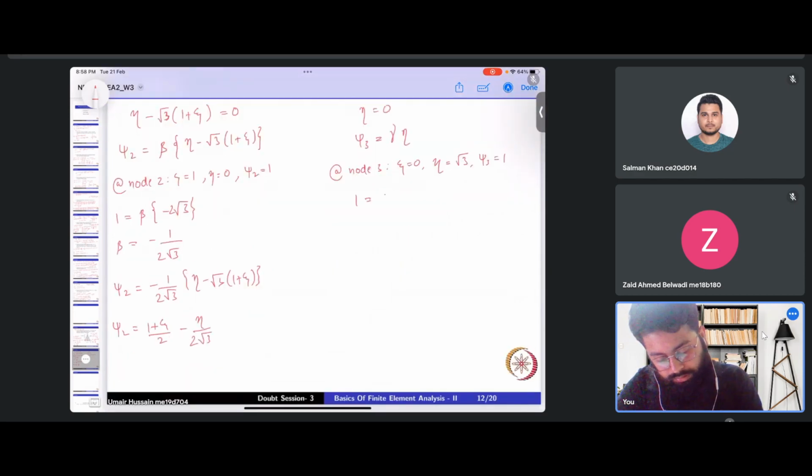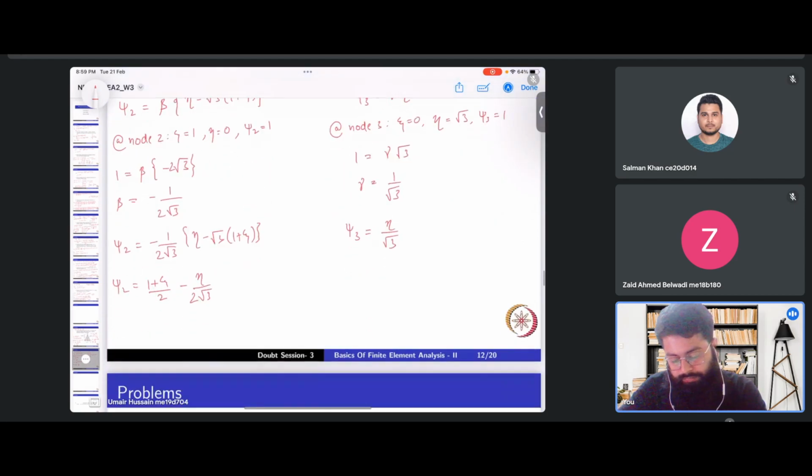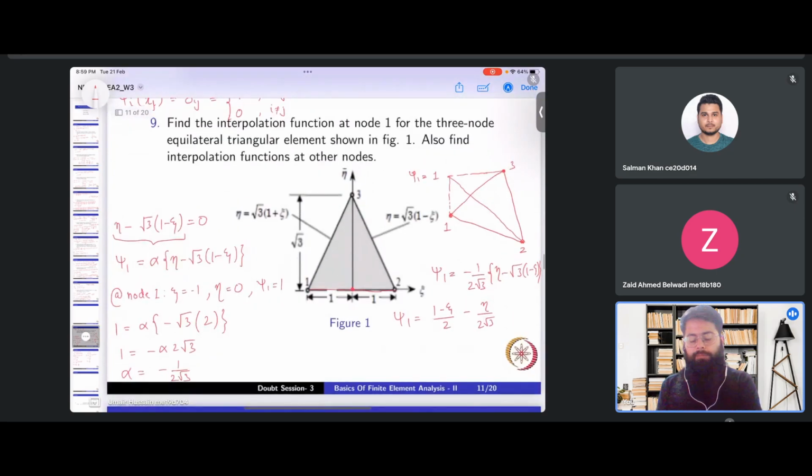So 1 equals gamma times root 3. Gamma equals 1 by root 3. Hence, psi 3 is eta by root 3. Right? So hence we got the three shape functions or interpolation functions for this triangular element using the equation of lines.